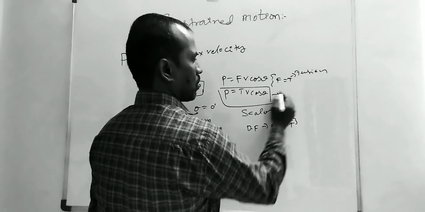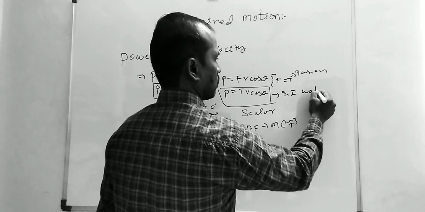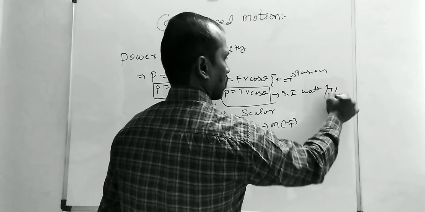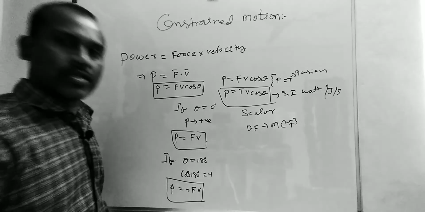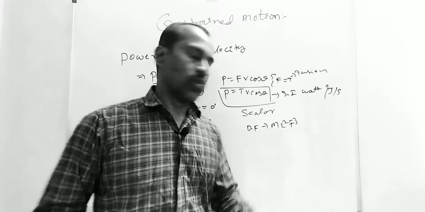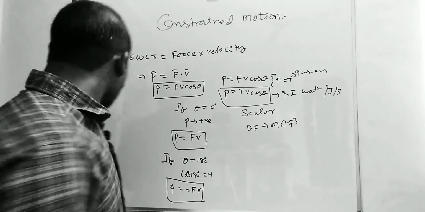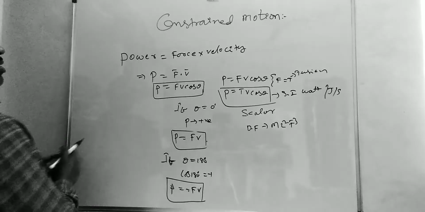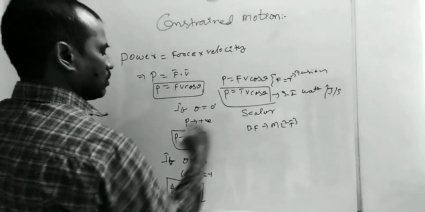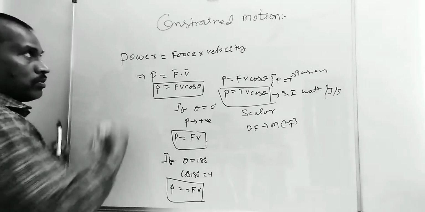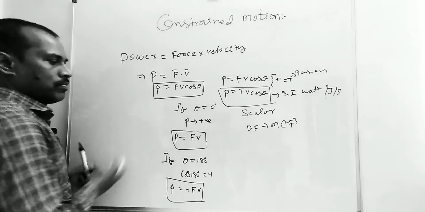The SI unit of power is watt or joule per second. We were using this formula in constraint motion, which is very important.